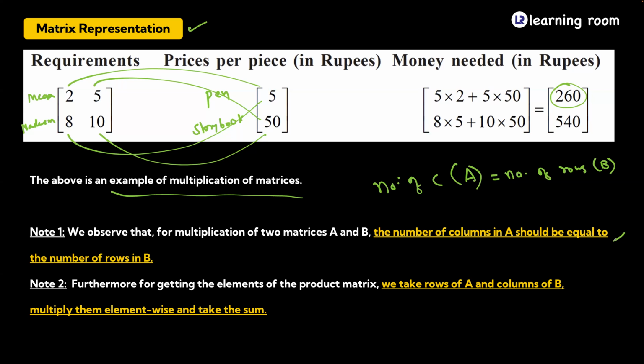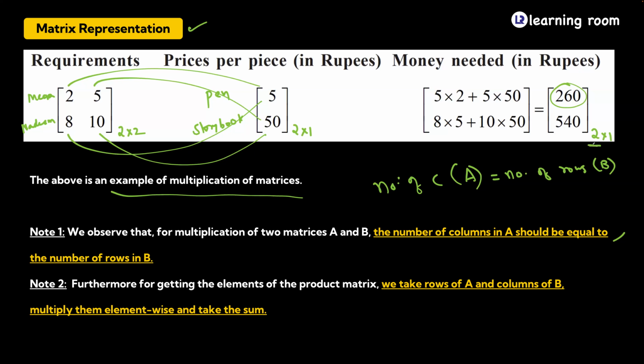Having said this, what is the order of this matrix? It is 2 cross 2. What is the order of this matrix? It is 2 cross 1. When you multiply these two, what order are you getting? You are getting 2 cross 1.